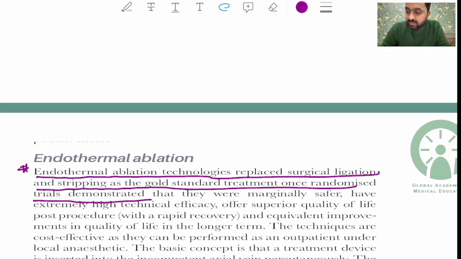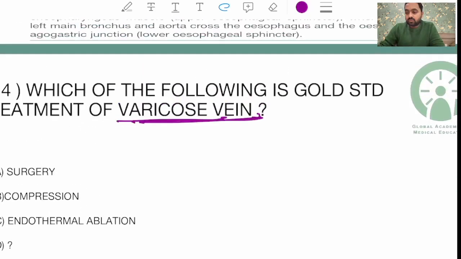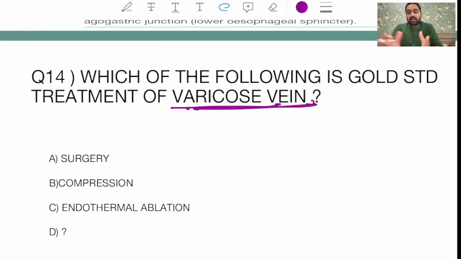Once the randomized trials demonstrated they were marginally safer and have extremely high technical efficacy, offering superior quality of life post procedure, and equivalent improvement in quality of life in the longer term, right? So the options that we have got are surgery, compression, and endothermal ablation. So the answer would have been endothermal ablation, right?